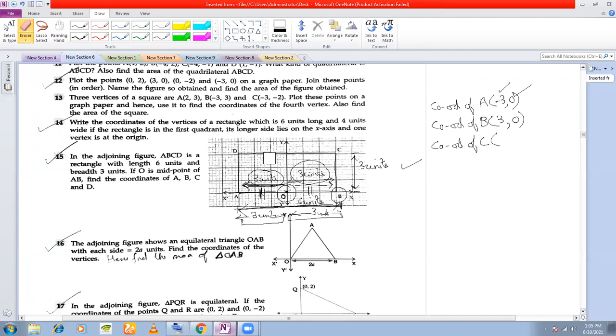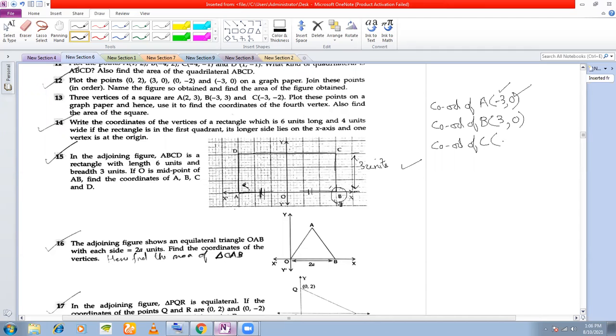Coordinates of C. Tell me, Nilasha, tell me coordinates of C. Okay, Ayushi, tell me coordinates of C. Sir, Y will be 0 and C will be 6.